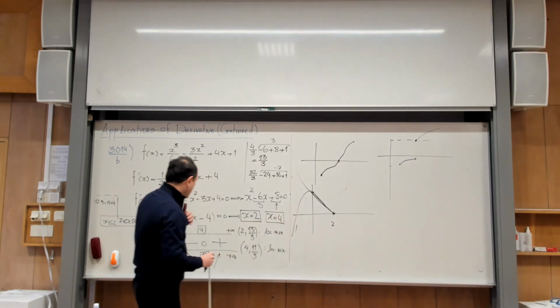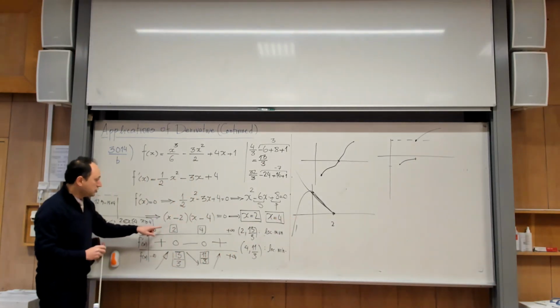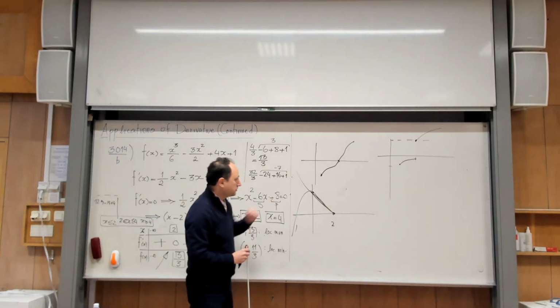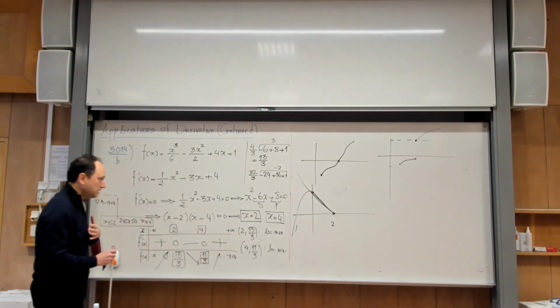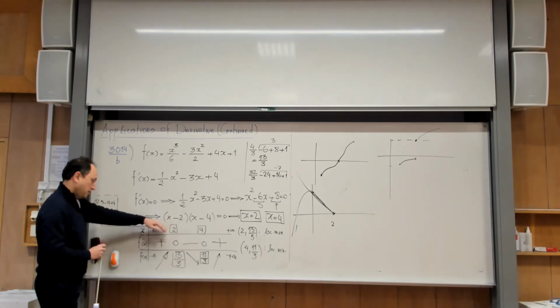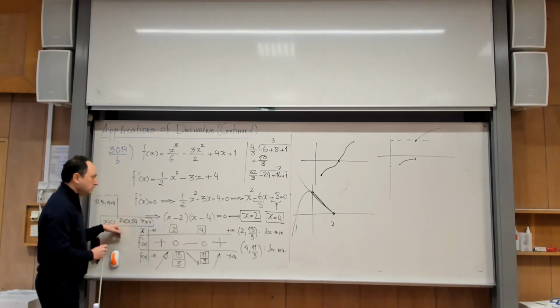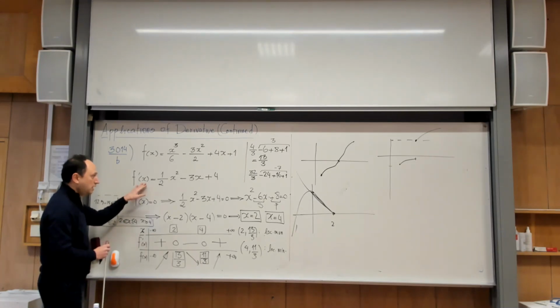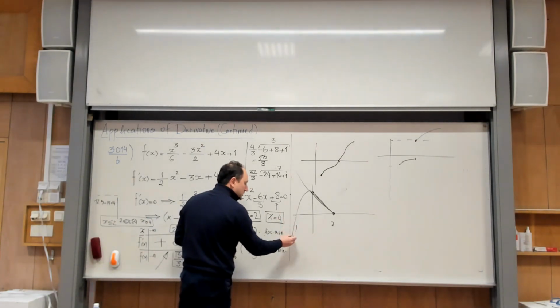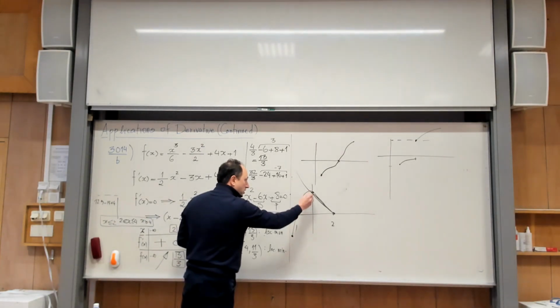So let me repeat myself. I chose 0. I calculated this for 0. I got a positive number. I am claiming that, don't worry, for any number that you choose smaller than 2, this becomes positive. Why? You might say no, how do you know? I would say yes, because 4 is positive.